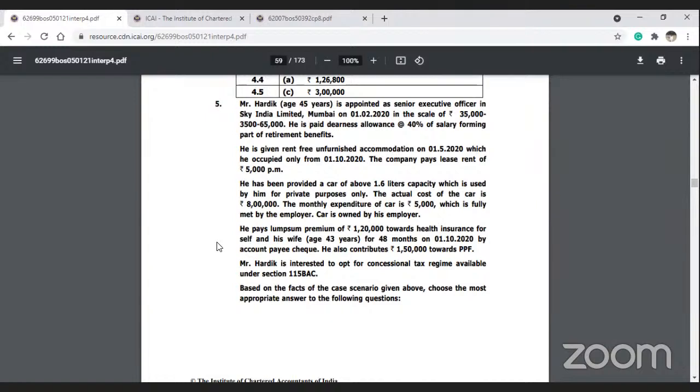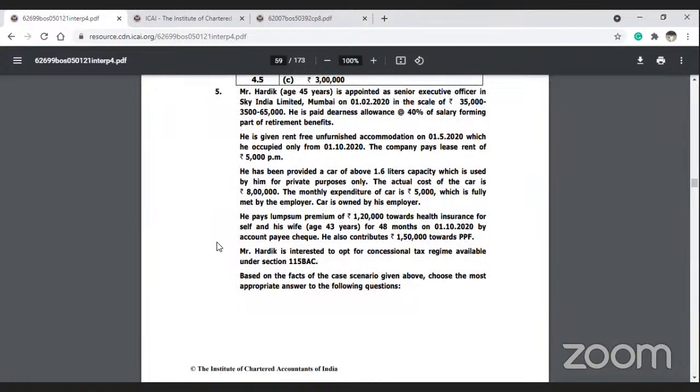That comes to 7,67,800. And then health insurance is 24,000. That is 7,91,800. Taking that 50,000, no, we'll not take that, right?